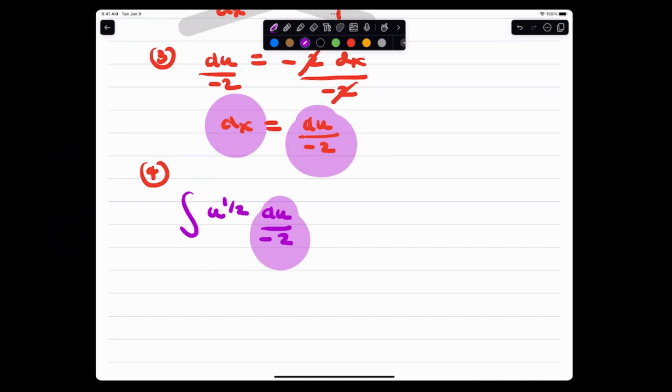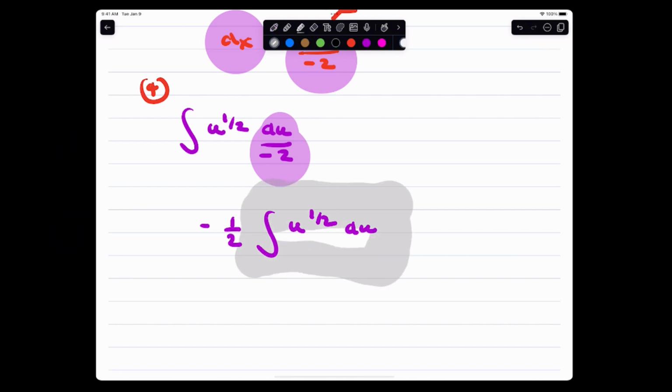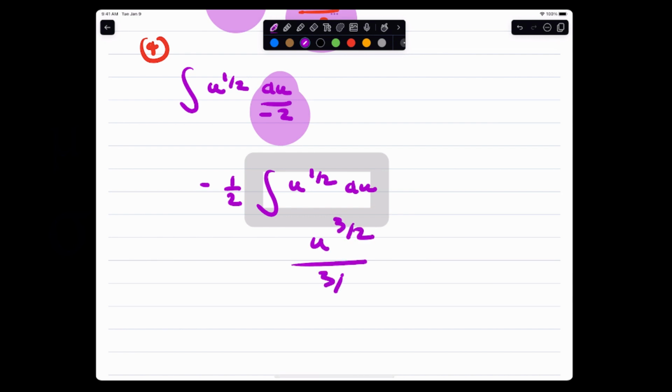Okay, what do you do with that constant then? Pull out the constant. This is negative 1/2, and you integrate u to the 1/2 du. So you're going to integrate right in here. You get now u to the 3/2 over 3/2.